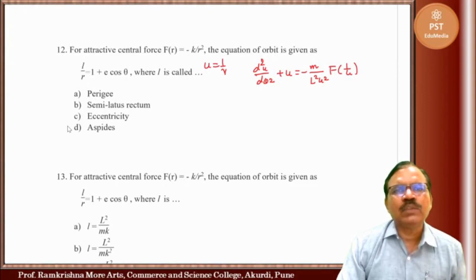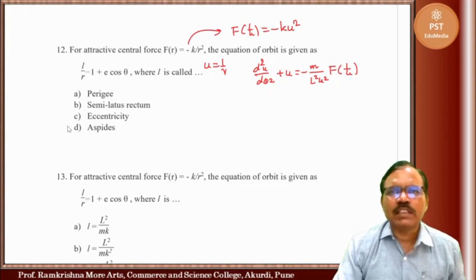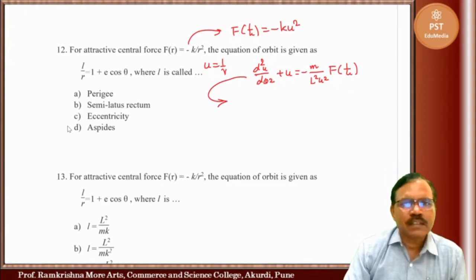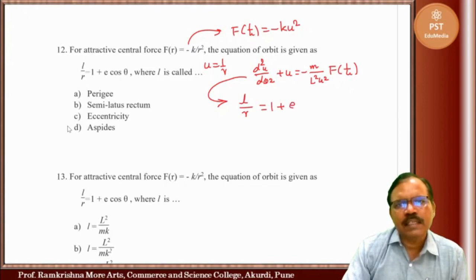Then we use f of 1 by u equal to minus k u square, and solve this. When we solve this, we get the equation l upon r is equal to 1 plus e cos theta.